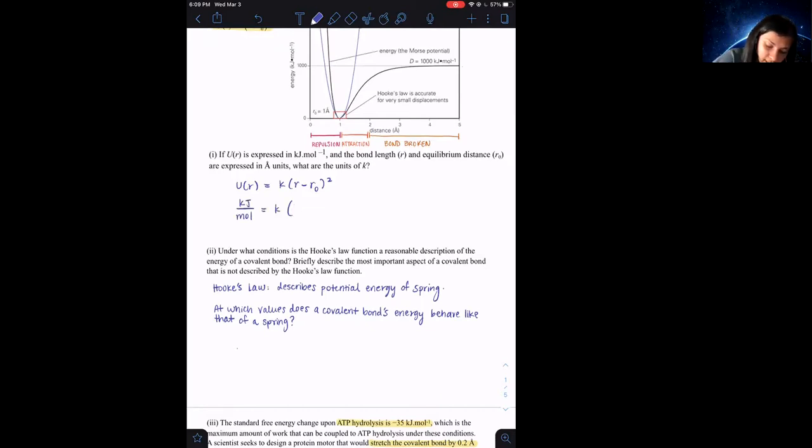This is equal to K, and R and R naught are both in angstroms. So kilojoules per mole is equal to K, whatever units those are, times angstrom squared. Basically, we can just solve for K, and we get that the units of K are kilojoules per mole angstrom squared. So these are the units of K.